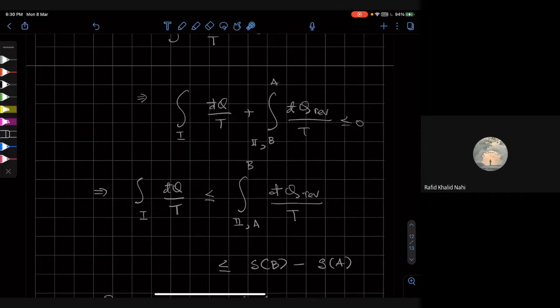So what does that mean for dq by T when it's less than or equal to 0? It's not saying that dq by T is less than or equal to 0. It's saying that its integral over a closed path is less than or equal to 0.